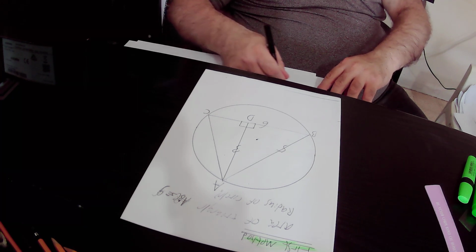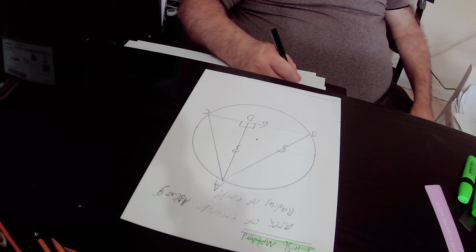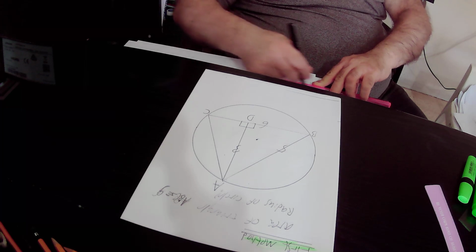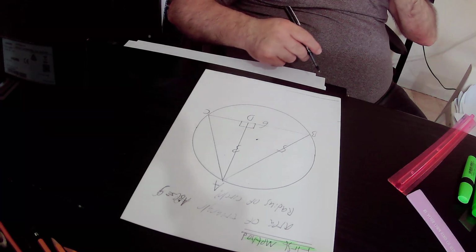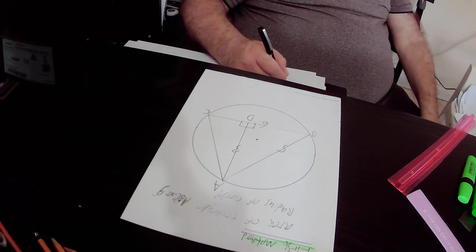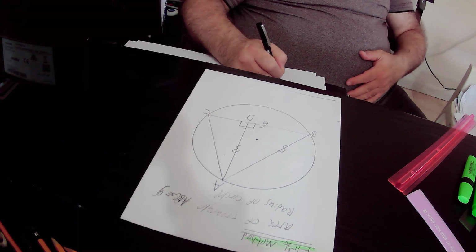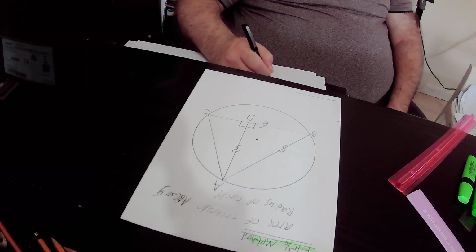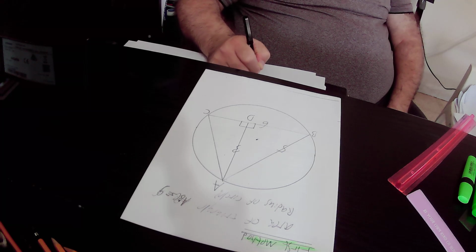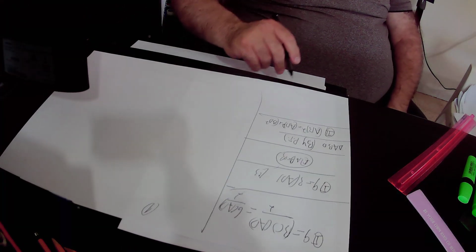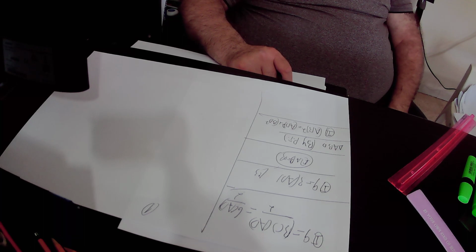According to the Pythagoras theorem, the square of the hypotenuse equals the sum of the squares of the perpendicular sides. In this right triangle ABD, the hypotenuse is AB, so the square of the hypotenuse is AB squared, and it is equal to AD squared plus BD squared.